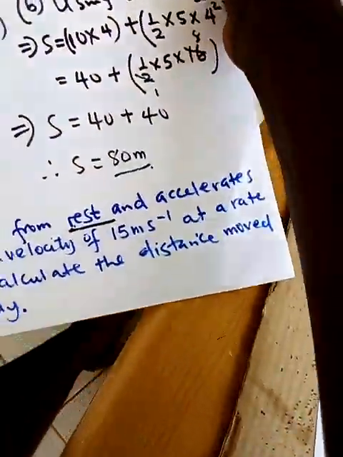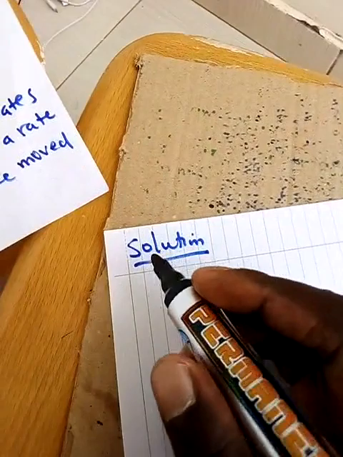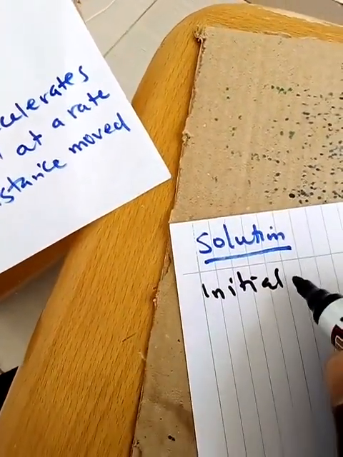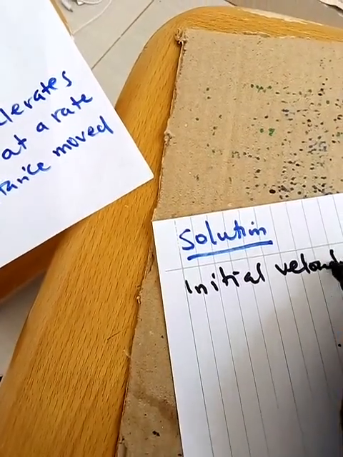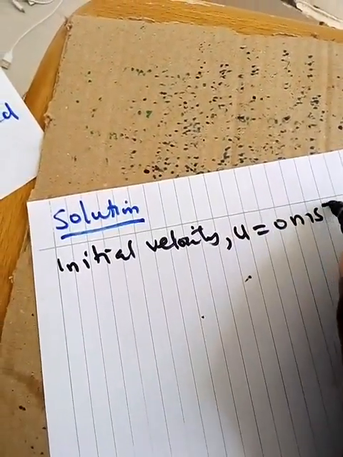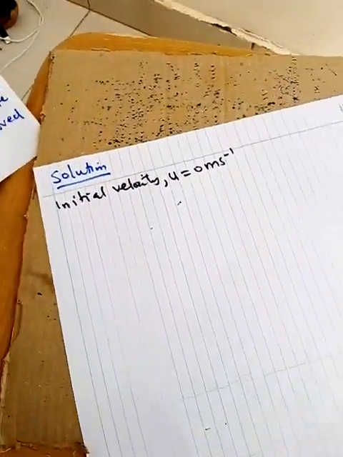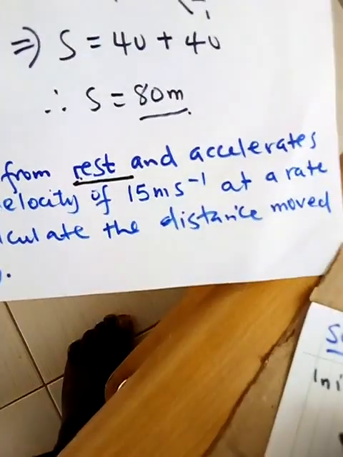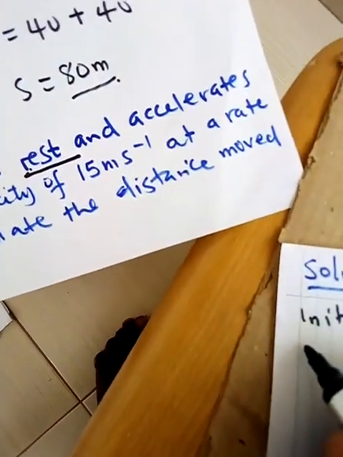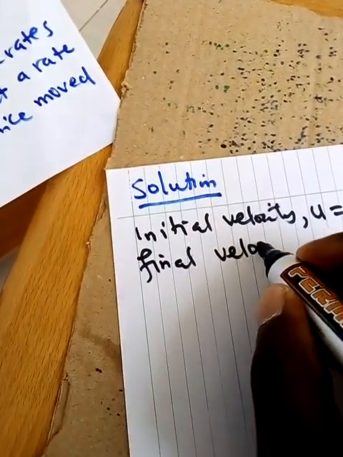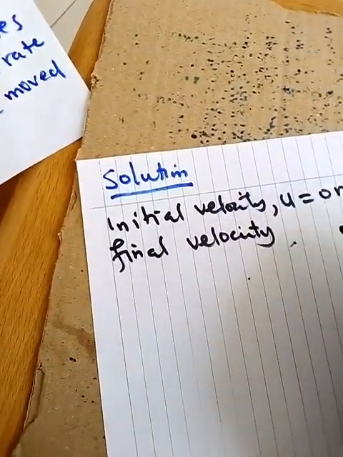So if that is our initial state, then the initial velocity u is equal to 0 meters per second, because we started observing the body from rest. And they said it accelerates uniformly to a velocity of 15 meters per second. So final velocity, remember when you accelerate, you increase the speed.